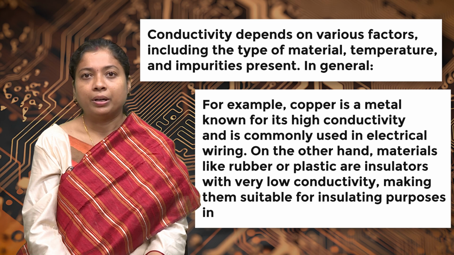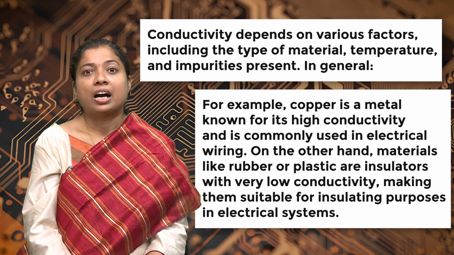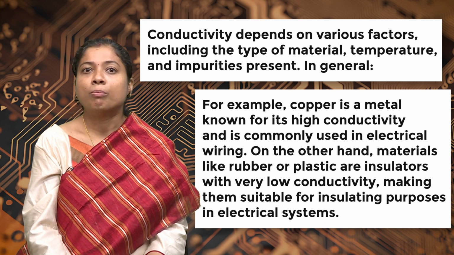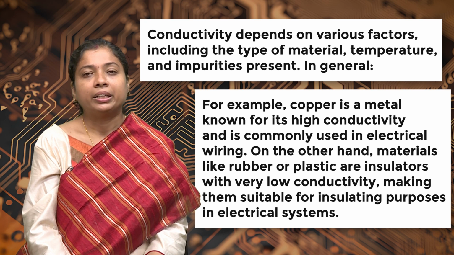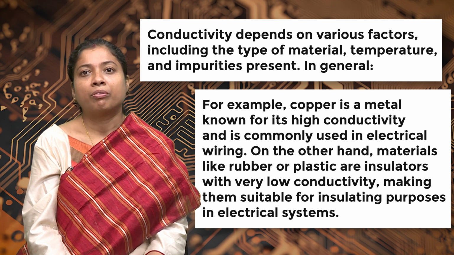For example, copper metal is known for high conductivity and is commonly used in electric wiring. On the other hand, materials like rubber or plastic are insulators with very low conductivity, making them suitable for insulating purposes in electrical systems.